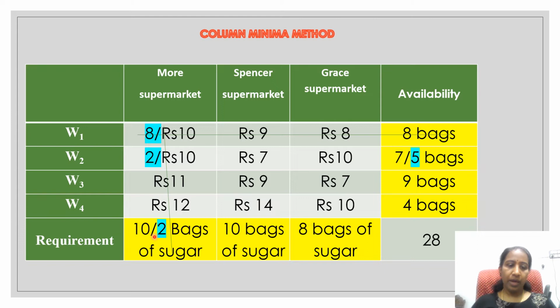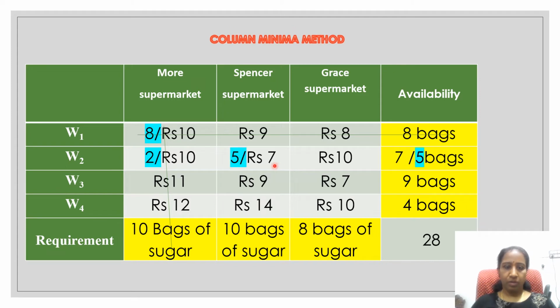Actually I require 10, and 8 plus 2, 10 kilos I purchased. So I strike out this column because it is satisfied. I should remember to write this 5: after this 2 is allocated, 7 minus 2 is 5. Keep in mind that the balanced availability is only 5 here. Then when I move to the next column, the minimum cost is 7.